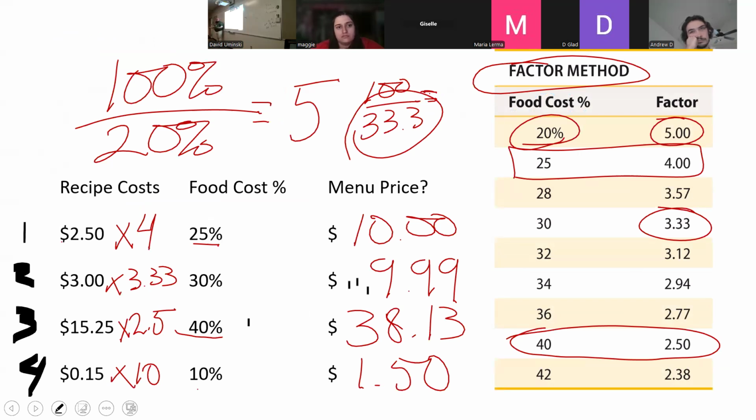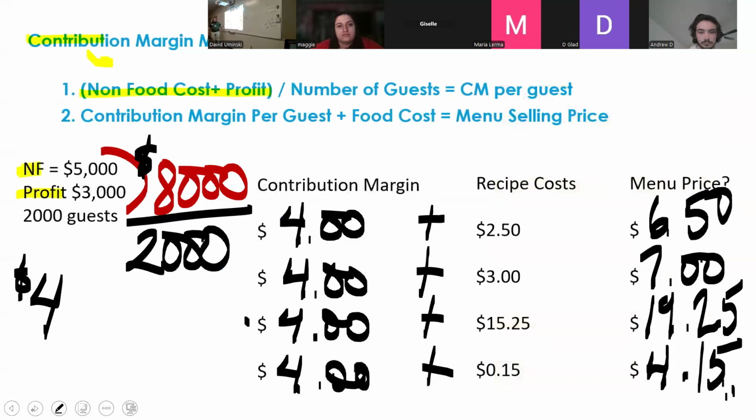So you can see that there's different pricing methods. We have price, we have percentage, we have factor, contribution are the three we've talked about so far. And they yield different types of pricing. One way is not always better than the other. So you want to kind of figure that out for yourself.